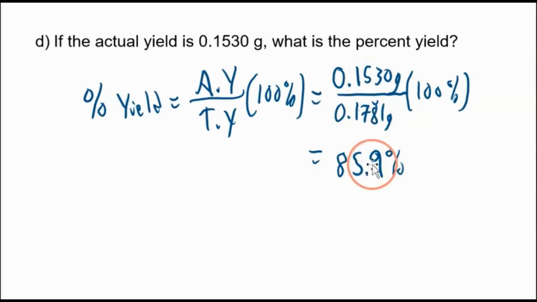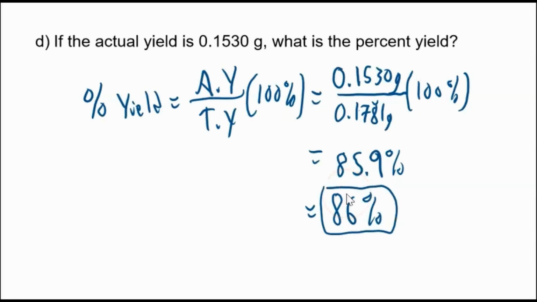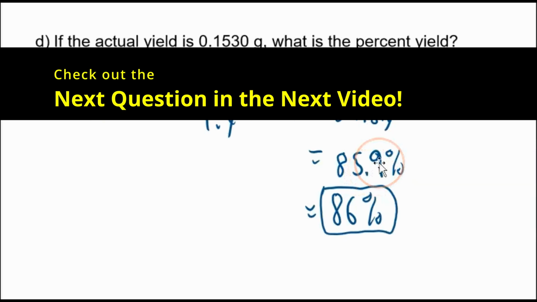But it's good practice to round your percent yields to the nearest whole number, even though we have 3 digits of precision here. And the reason is that the error that we make in the lab, if we were to repeat this experiment, we probably wouldn't be reproducible to 1 decimal place. If we were to redo it, we probably wouldn't get this same number, we might get 86.0 or 86.7.